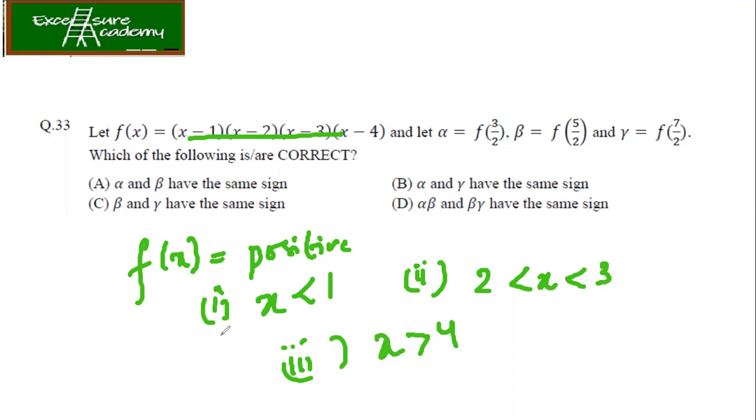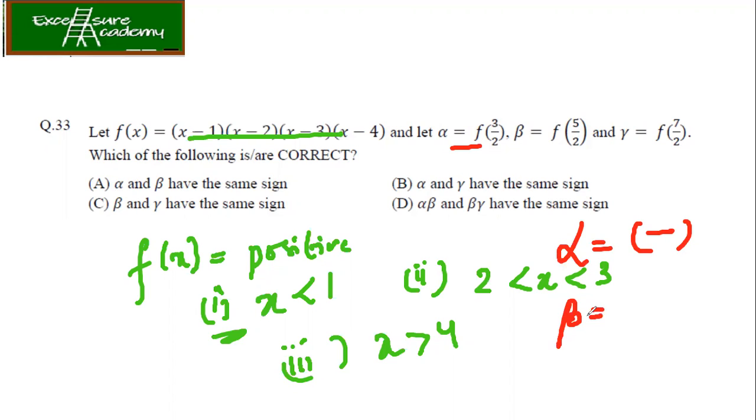In the first case, where x is less than 1, we look at alpha, which is f of 3 by 2. When you put in these values, you see that it is going to be negative. You just put the value and see, you are going to get a negative answer. So alpha is going to be negative.